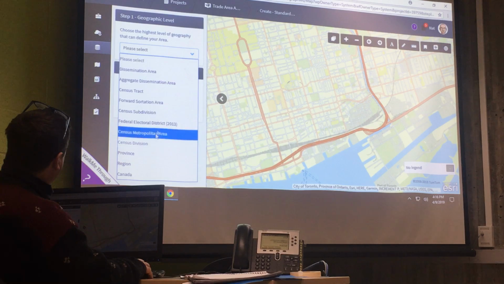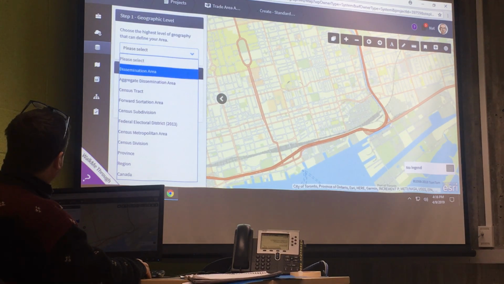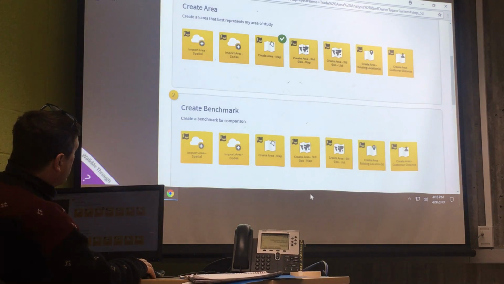Okay, so we choose, these are the geographic areas.